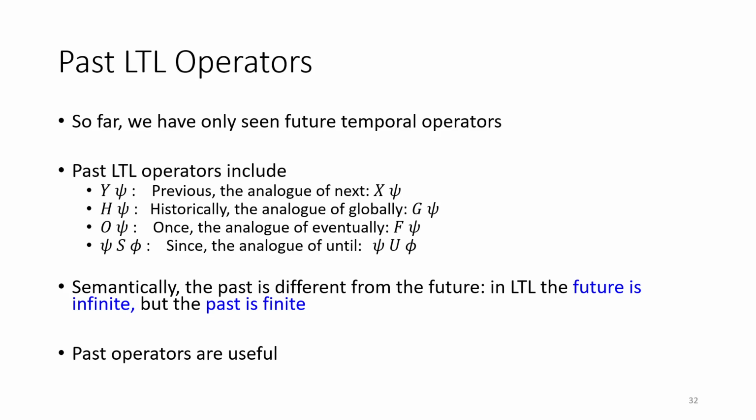So usually they are nested within future operators. You can use future operators without past, but it doesn't make so much sense to use past operators without future, unless you do something which is not about model checking.